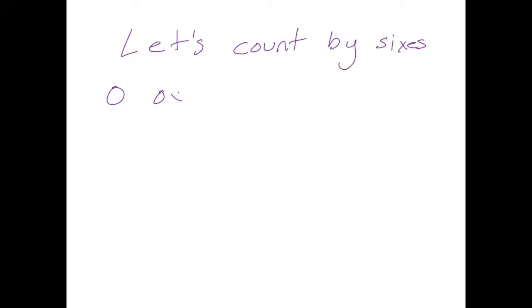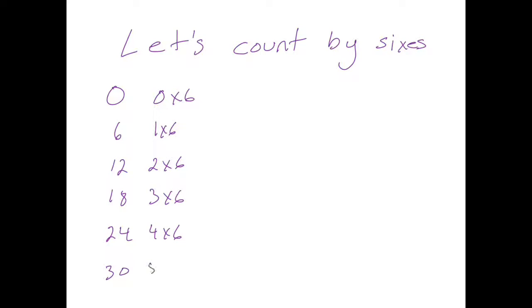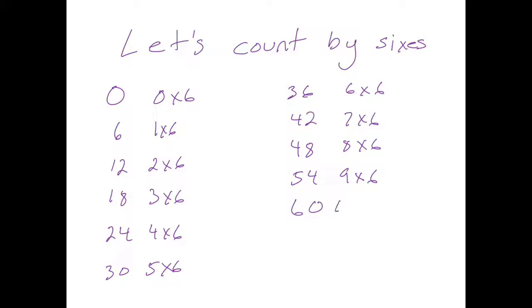Starting at 0, or 0 times 6, then down to 6, 1 times 6, 12, 2 times 6, 18, 3 times 6, 24, 4 times 6, 30, 5 times 6, 36, 6 times 6, okay, we're halfway there, 42, 7 times 6, 48, 8 times 6, 54, 9 times 6, 60, 10 times 6, 66, 11 times 6, and finally 72, 12 times 6.